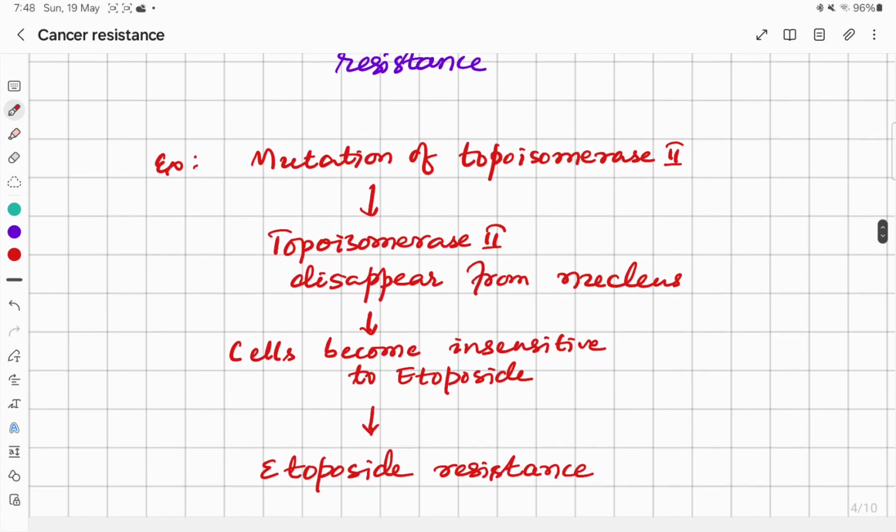Topoisomerase 2 is inhibited by the cytotoxic anticancer plant derivative drug like etoposide. So mutation of topoisomerase 2 leads to its disappearance from the nucleus, and the cancer cells become insensitive to etoposide, and that results in etoposide resistance.